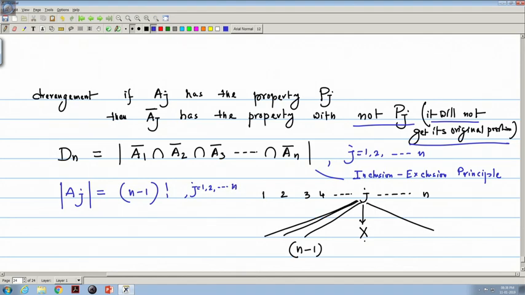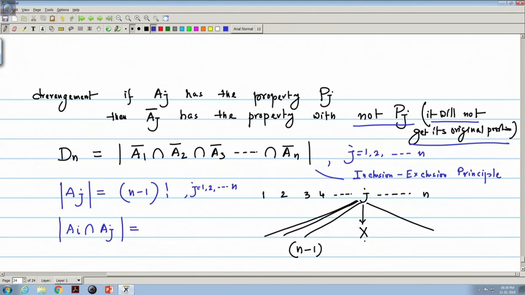This will be my n factorial. Now, what will be my permutation then? If I take 2 conditions, that means ai intersection aj, because if we remember my inclusion exclusion principle, we have to take the 2 combinations also. Then if it is 2, it will be similar logic.